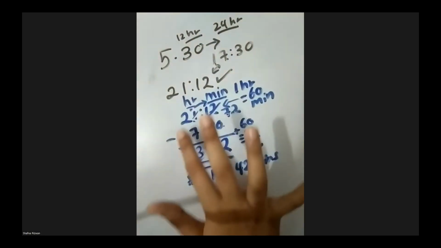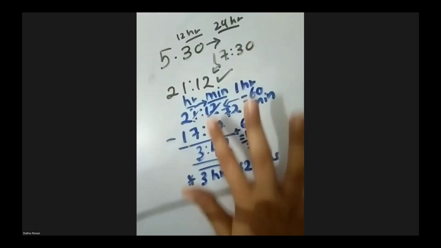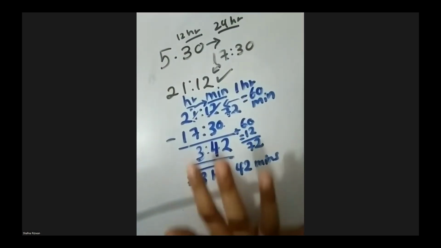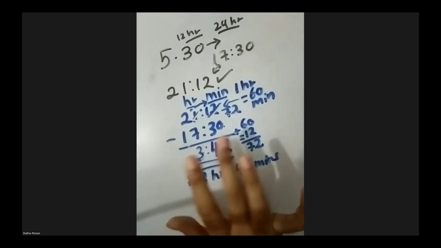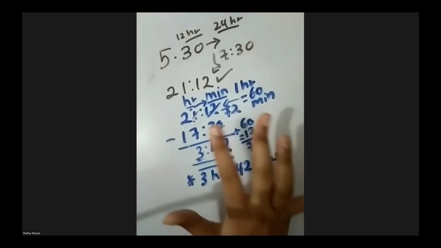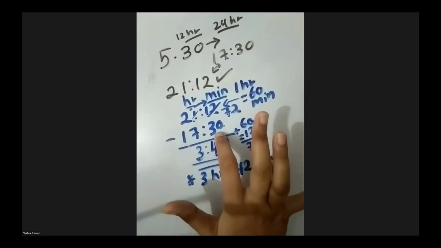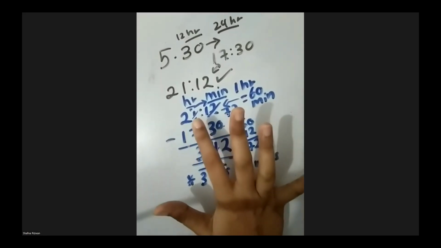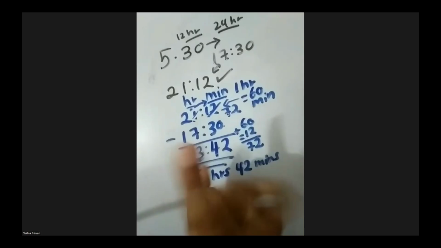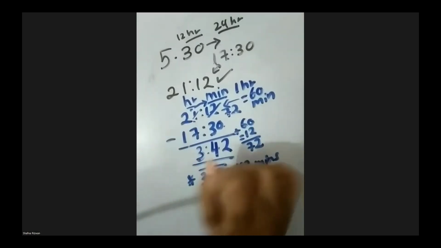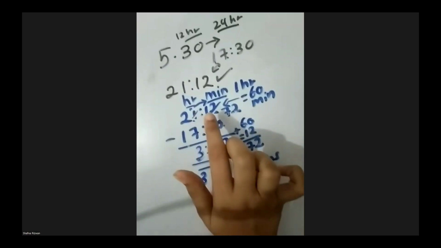Remember, this is the hour side and this is the minute side. Then when you're subtracting, it's not like our normal subtraction, it's an hours and minutes problem. Okay, from 12 I can't subtract 30. So I'm borrowing here 1. But it is 1 hour. 1 hour means from minutes. How can you get 1 hour for this 12?